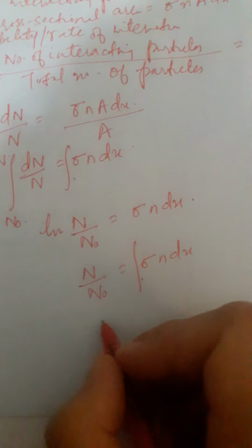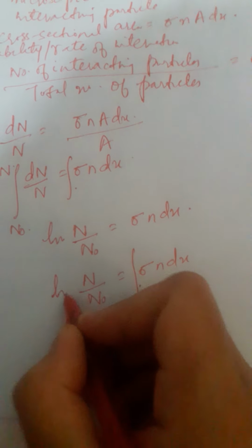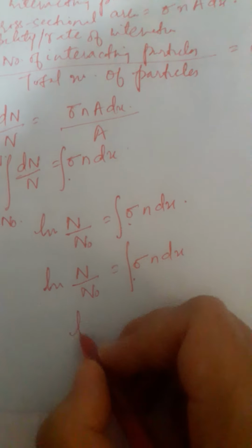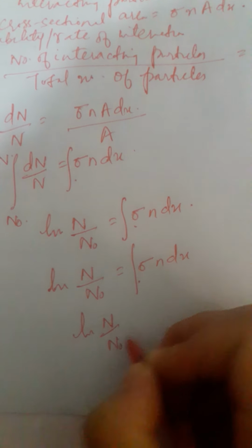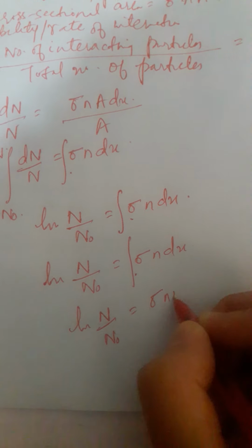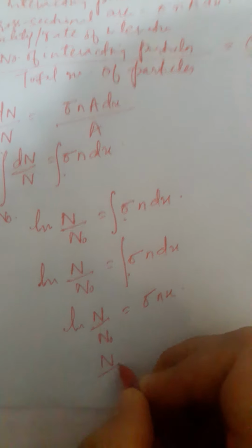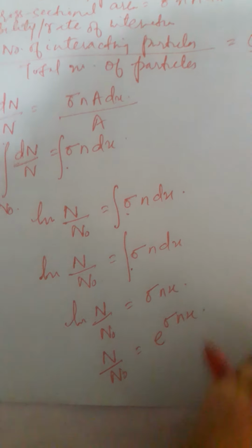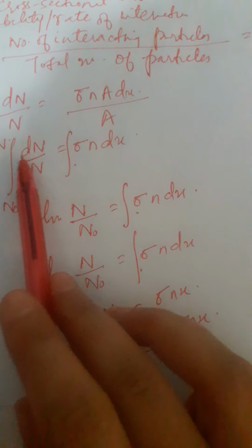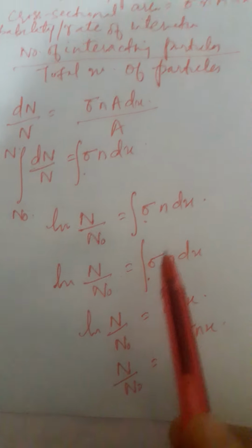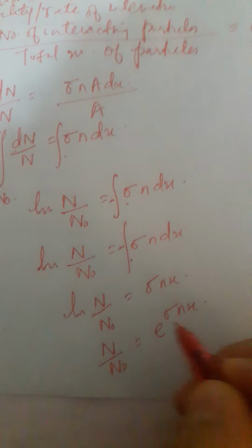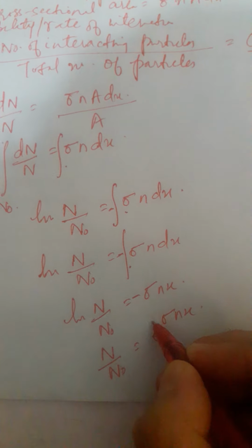So ln of n by n naught is equal to sigma n x, or n by n naught will be equal to e to the power sigma n x. Since the number of particles is decreasing on account of interaction, we'll put a minus sign, so it will be e to the power minus this.